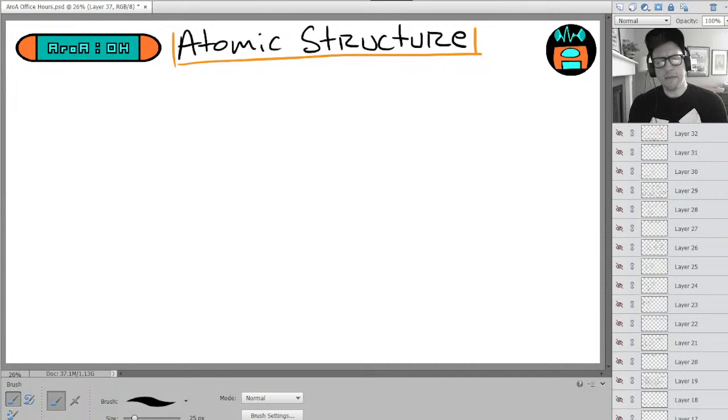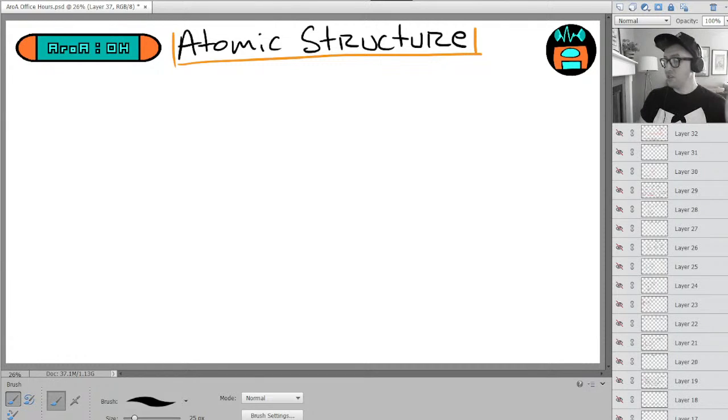Up to this moment, we've more or less treated atoms as just clumps of smaller little beads, right? Protons, neutrons, and electrons. But we haven't talked about how they are arranged.